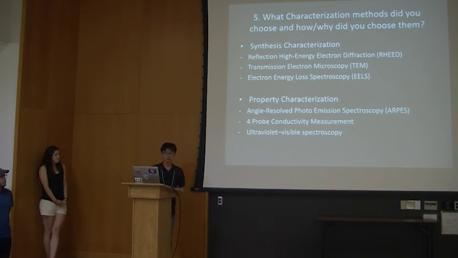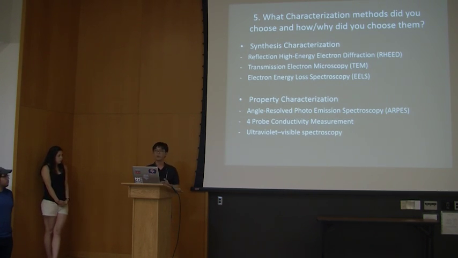And how and why did we choose these characterizations? For the synthesis characterization, there were a lot of discussions and debate. Of course, the more characterization tools we use, the better we will understand the material, but it's a waste of time and money.